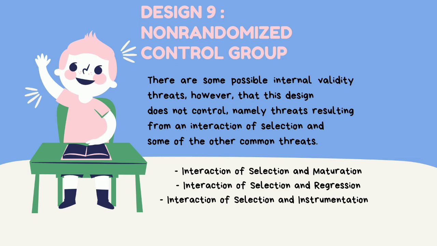Selection and maturation interactions can be a particularly difficult problem when volunteers are compared with non-volunteers. For example, let us say you offer an after-school reading improvement program to those who wish it. Reading pretest means show no difference between those who volunteer for the after-school program and those who don't.